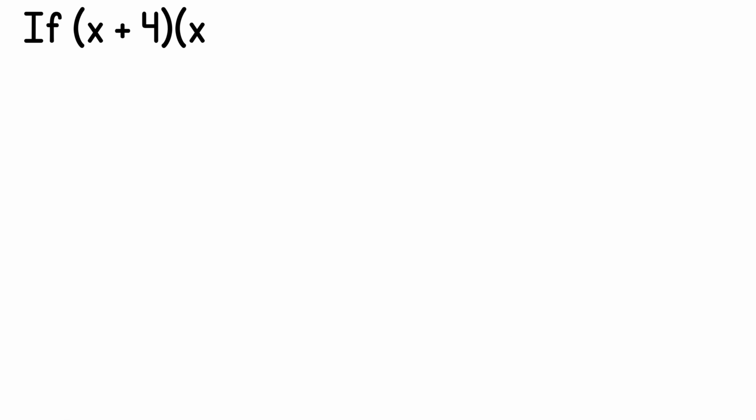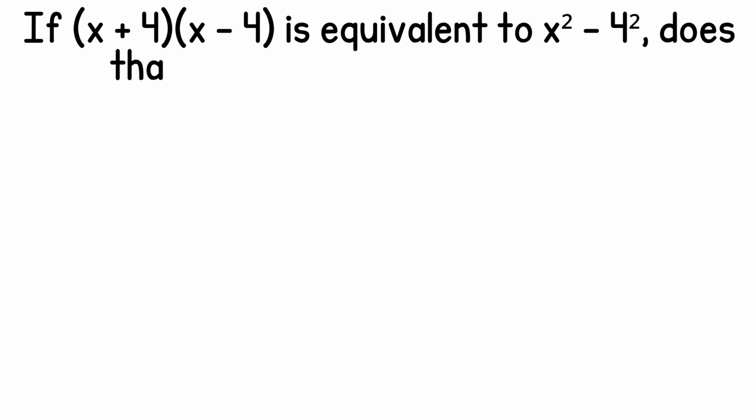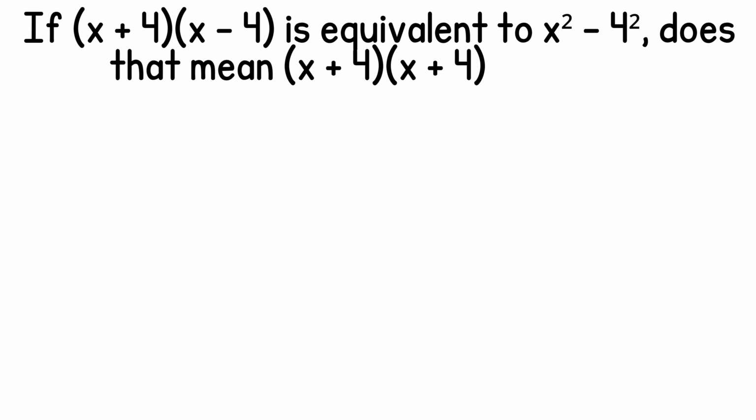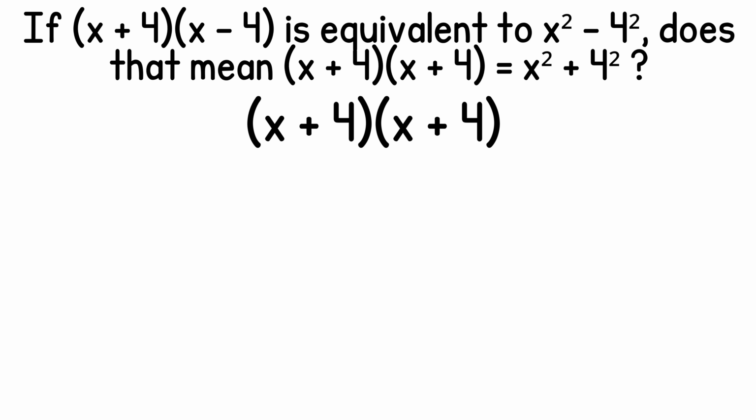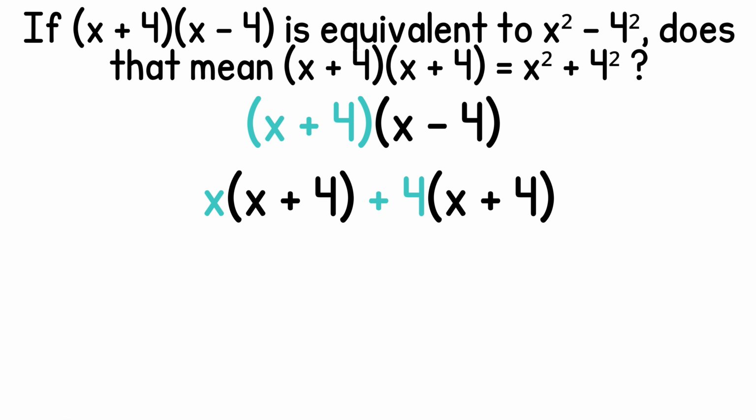So if x plus 4 times x minus 4 is equivalent to x squared minus 4 squared, does that mean that x plus 4 times x plus 4 is equal to x squared plus 4 squared? So let's take this expression and we'll expand it to see if we can get it to x squared plus 4 squared. We'll multiply our first parenthesis by our second parenthesis, so this gives us x times x plus 4 plus 4 times x plus 4.